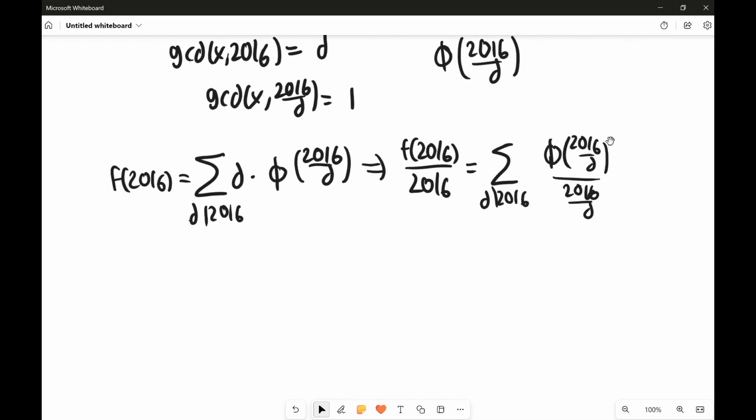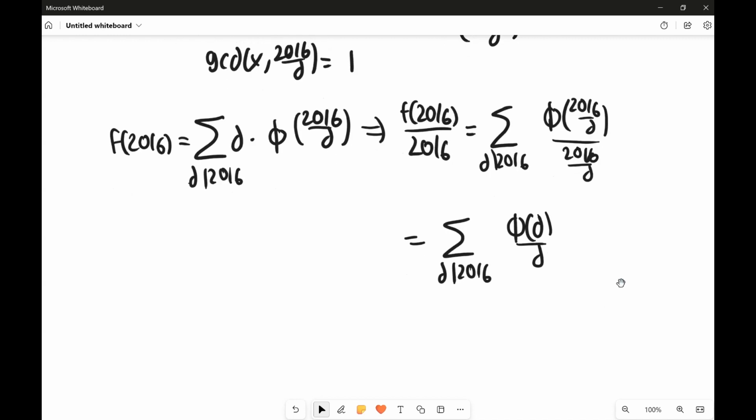But because 2016 over d is also a divisor, this is also equal to the sum over d dividing 2016 of phi of d over d. So how can we continue from here?